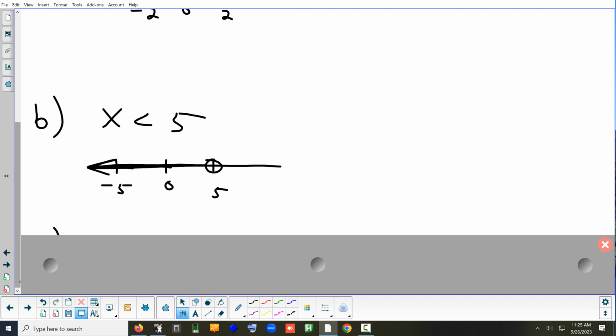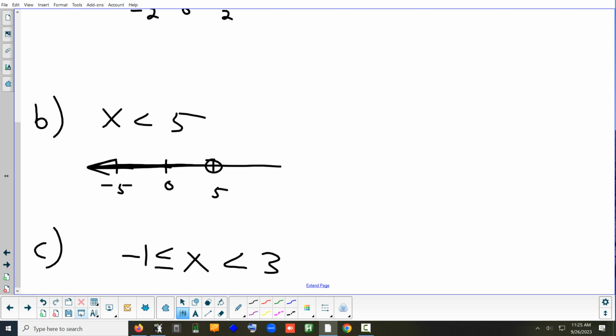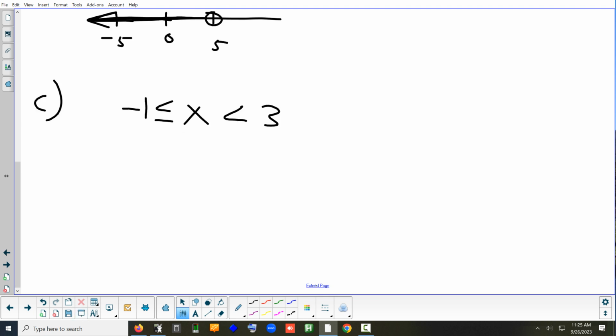All right, let's try this one. First of all, what kind of inequality is that one? Conjunction. That's a conjunction because it's been combined together. It's the only kind of inequality you can combine. So let's set up my number line. Okay, and how would I go about graphing this one?